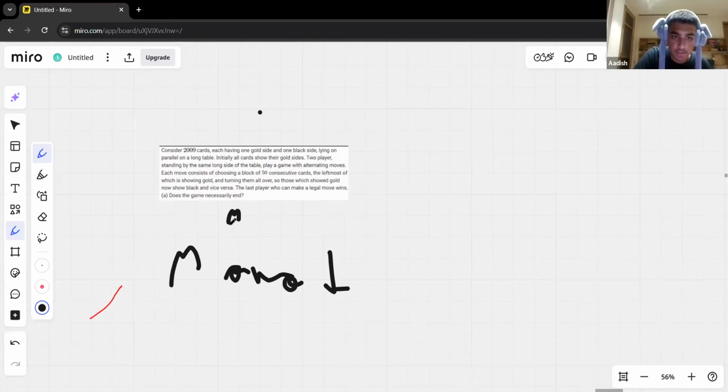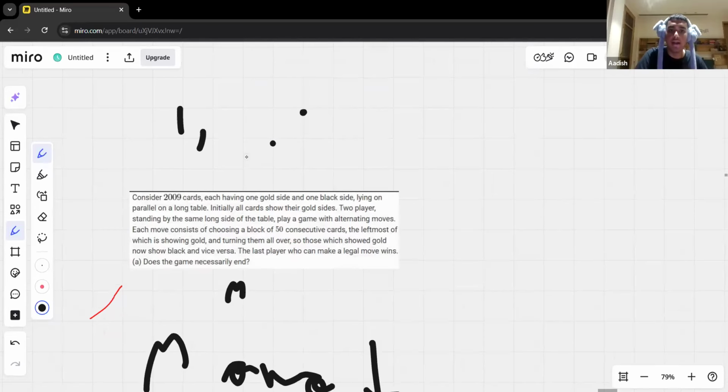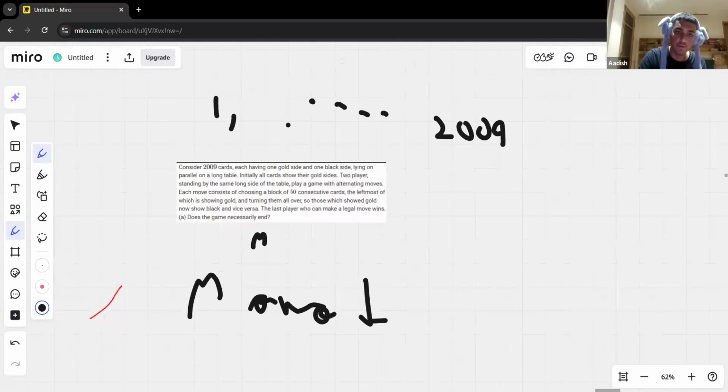Right. So what are we doing? We have card 1 all the way to card 2009, and suppose card 1 is gold.